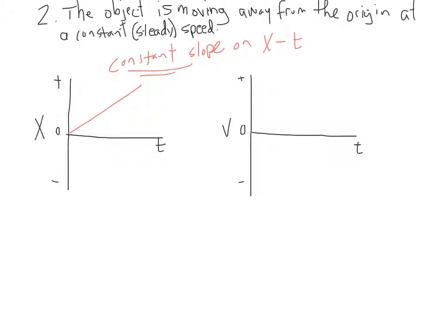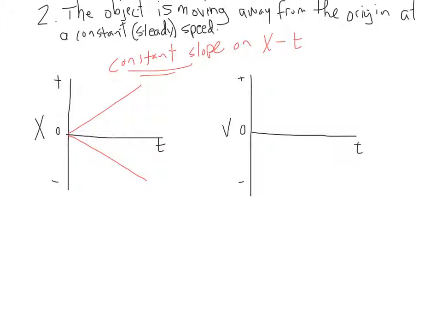So that is an option. This is also moving away from the origin, only this time the positions are getting further away from the 0 position in the negative direction. So either of these show moving away from the origin at a constant or steady speed, since each has a constant slope. Either of those would work.